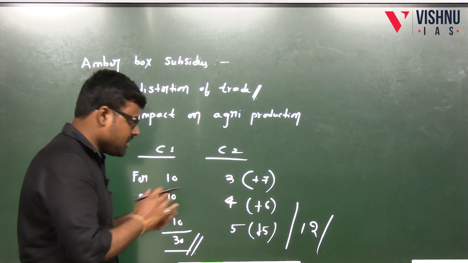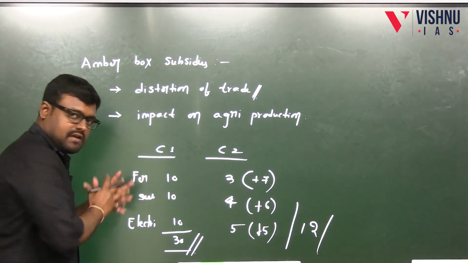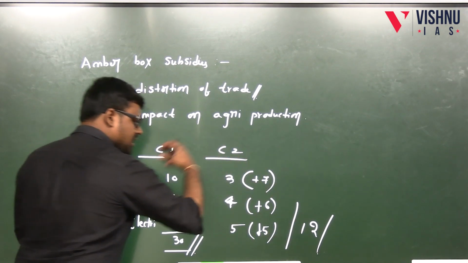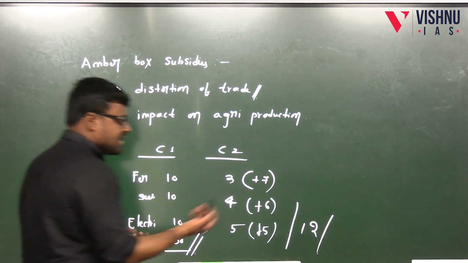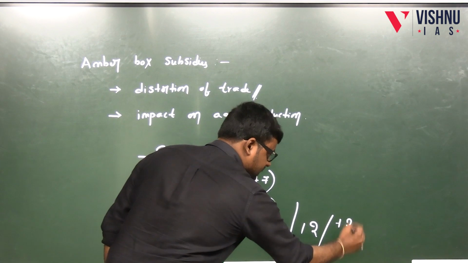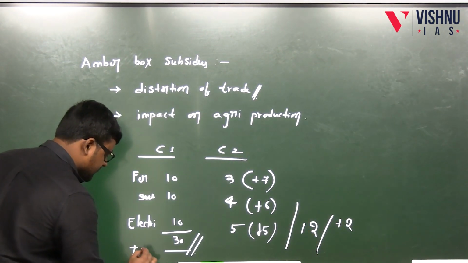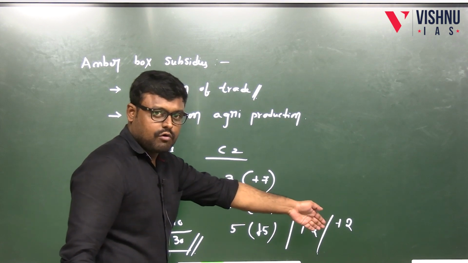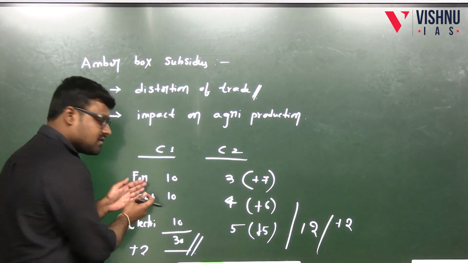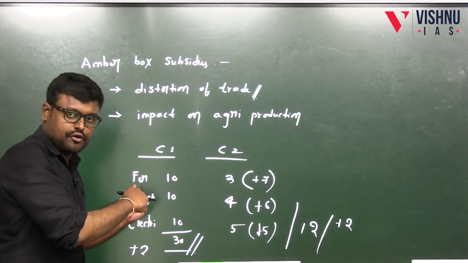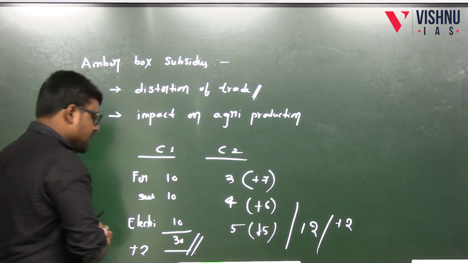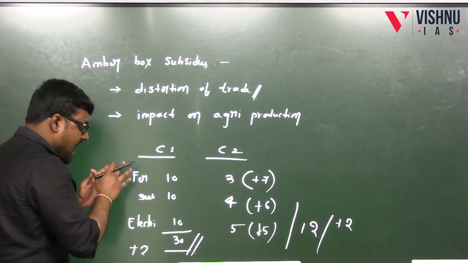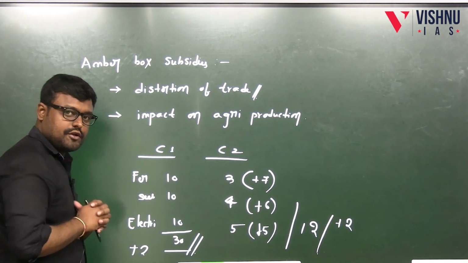Now, see, the people in this country want to import this agricultural produce, because suppose let us take this farmer will take 2 rupees as a profit and this farmer will take 2 rupees as a profit. Now he can sell the produce for 14 or 15 rupees only. Therefore, people in this country want to import that agricultural produce. So there will be an uneven competition with the agricultural produce here.